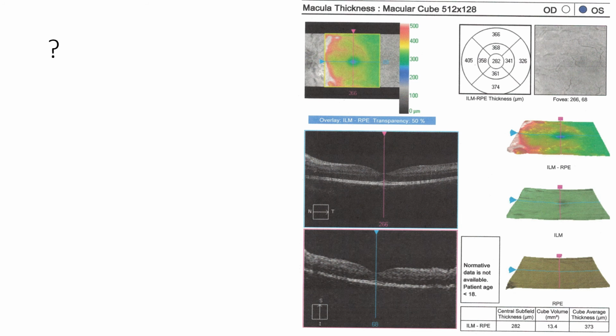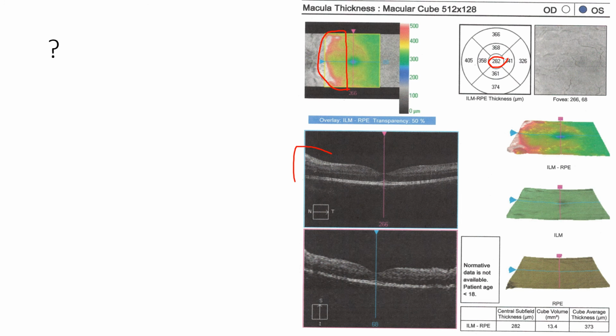So what do you notice here? Well, this is an OCT macular report in the left eye. You can see that the foveal thickness is relatively normal. The thickness map, ILM to RPE, shows that there's some thickening nasally.